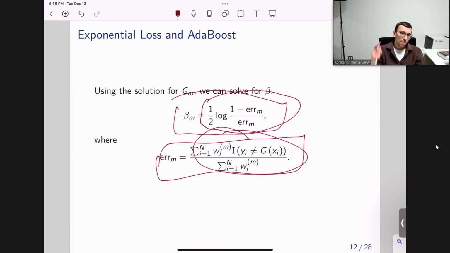Now, the problem with both exponential loss and quadratic loss is that they're sensitive to outliers.